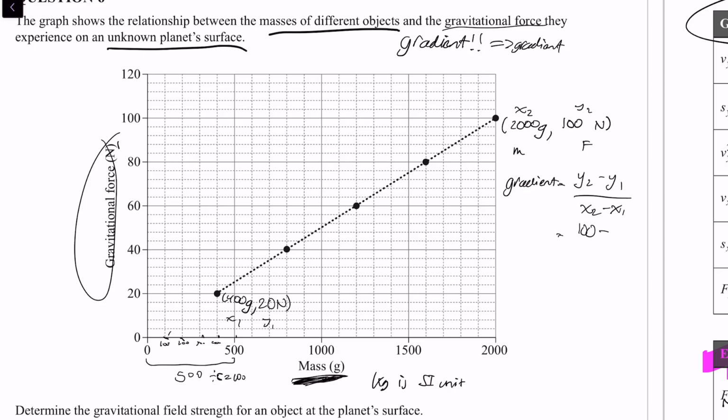100 minus 20, and those are newtons, so I just write that there, over x2 minus x1, which is 2000 minus 400 grams. Okay. Another thing I could do, actually, just erasing that bottom part, is converting these to kilograms.